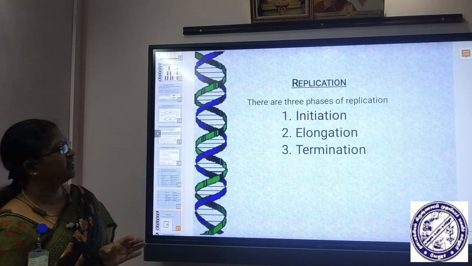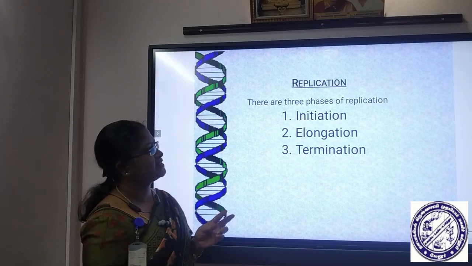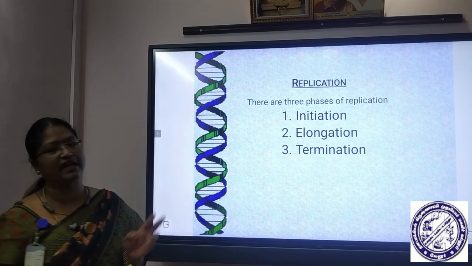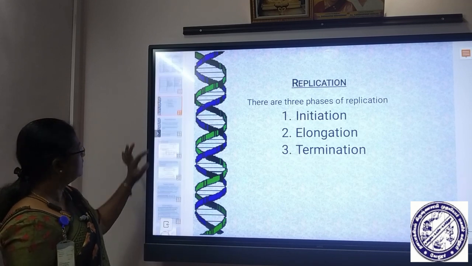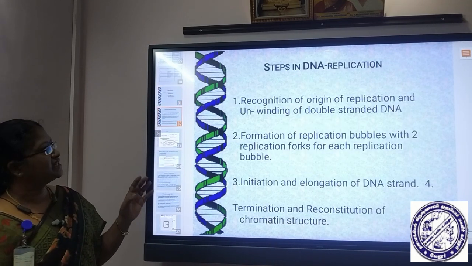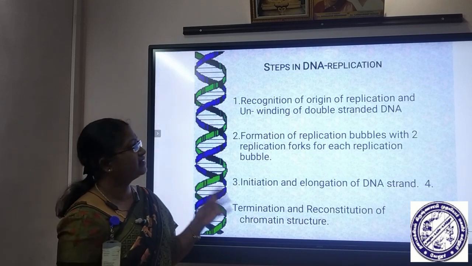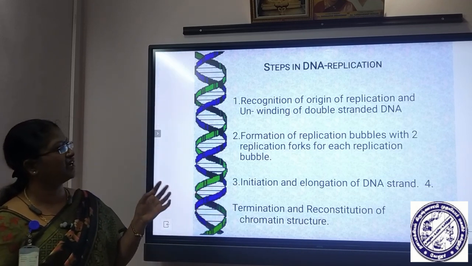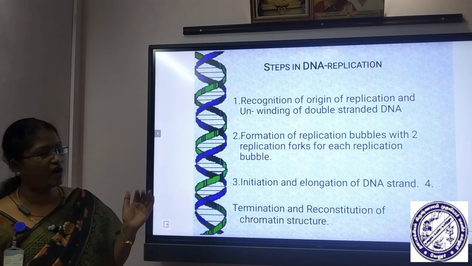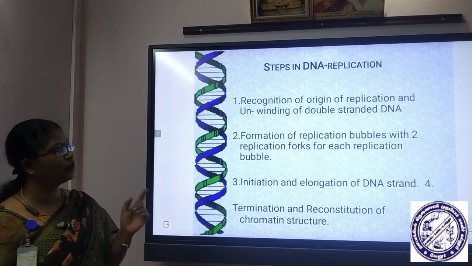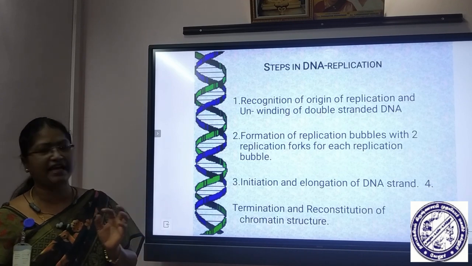Move on to the replication. There are three phases in replication, that is initiation, elongation and termination. Steps involved in DNA replication: recognition of the origin of replication and unbinding of double-stranded DNA is the first step. The second is formation of replication bubbles, with two replication forks for each replication bubble.